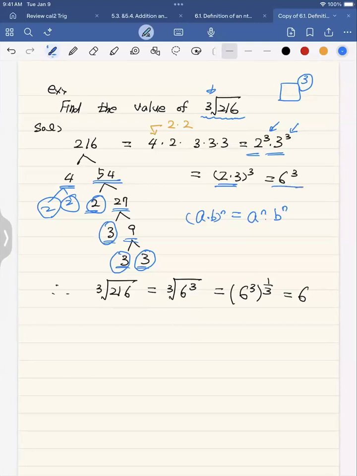Then that's 6 cubed. So the cube root of 216 can be written as the cube root of 6 cubed. And that can be written as 6 cubed to the 1/3 power. So those two will cancel each other, and we end up getting 6.